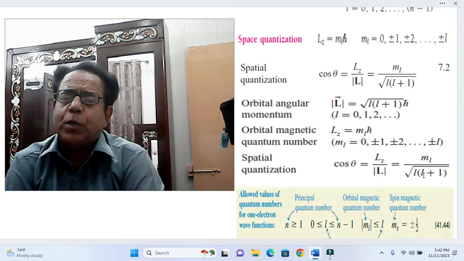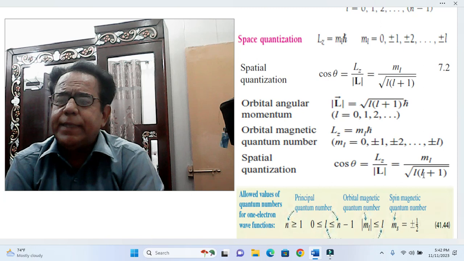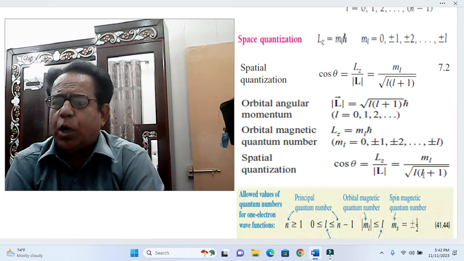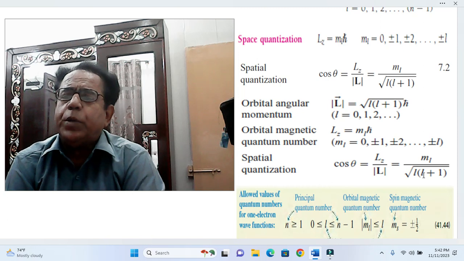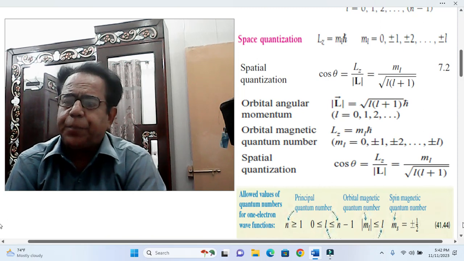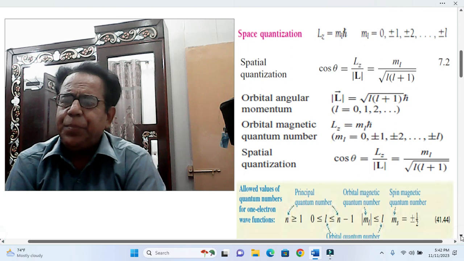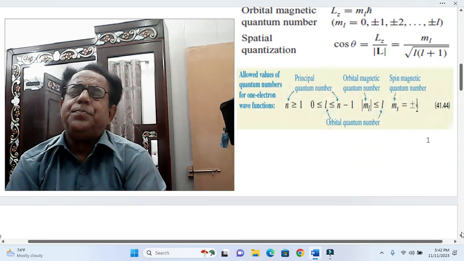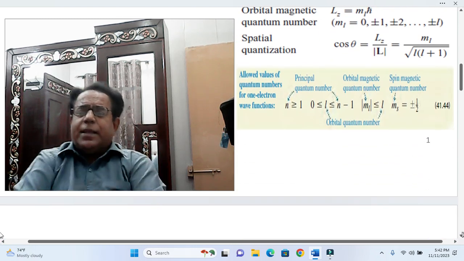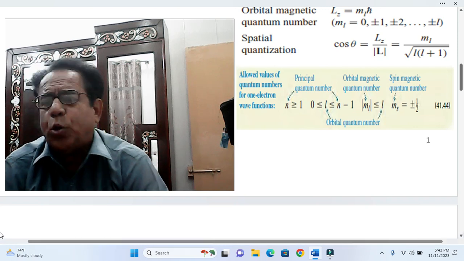Next, spatial quantization: cos theta is equal to Lz over the modulus of L, alternatively equal to m_l over under root l into (l plus 1).